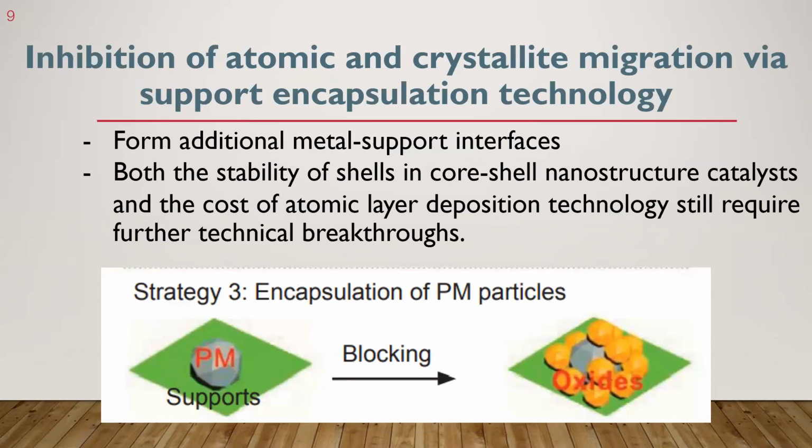For the third strategy, support encapsulation technology can form an additional metal-support interface, but both the stability of the shell in core-shell nanostructure catalysts and the cost of atomic layer deposition technologies still require further technical breakthrough.